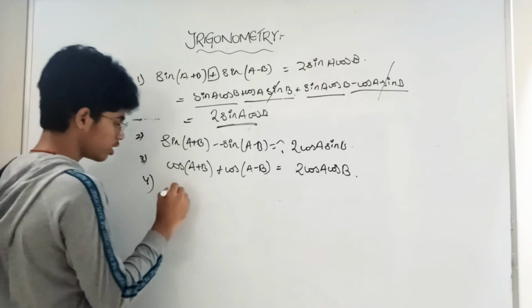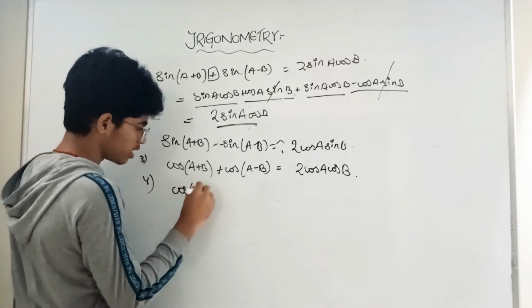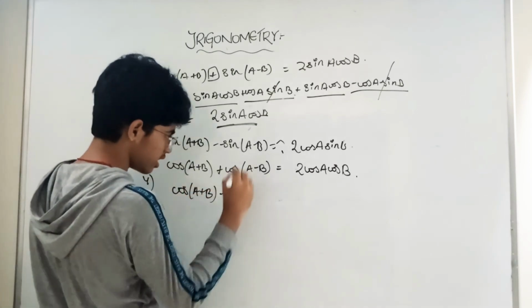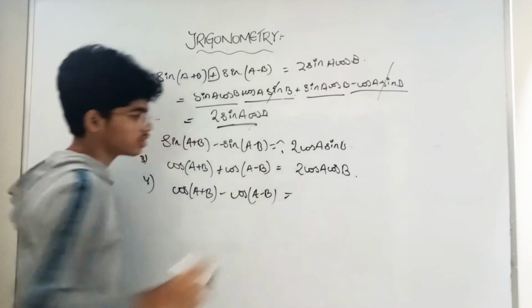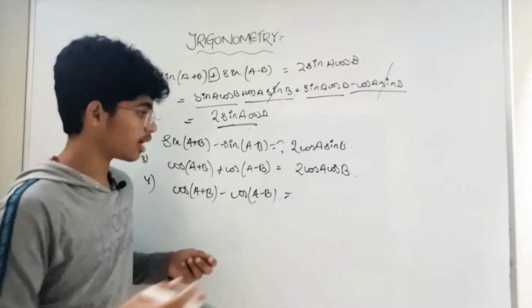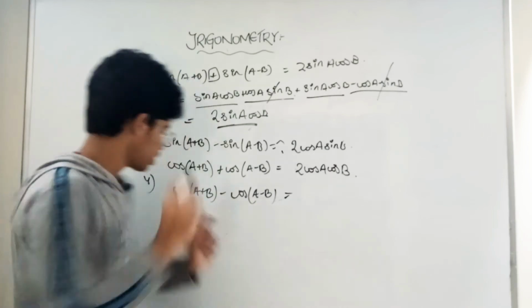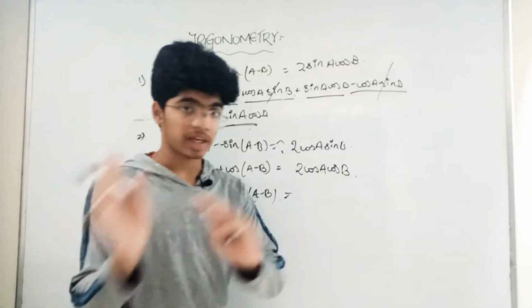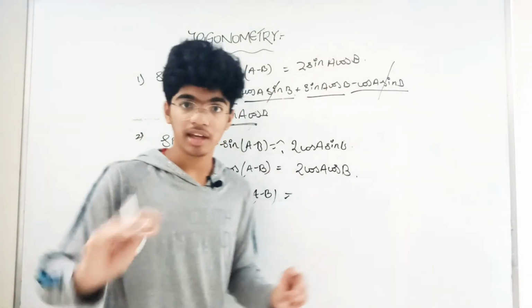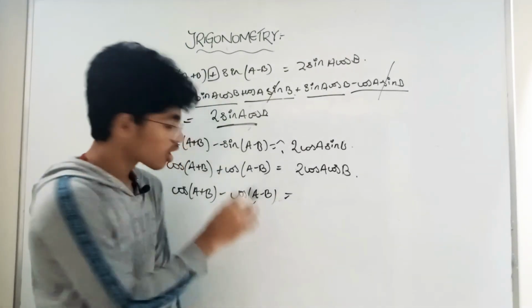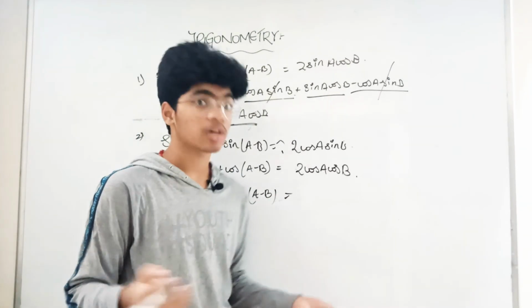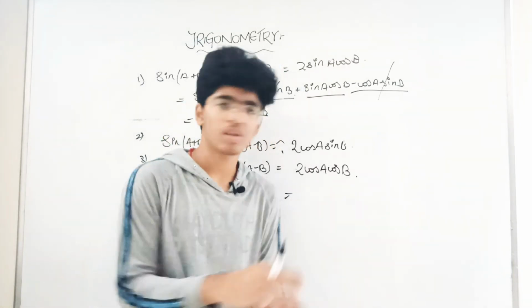So next one, cos of a plus b. Again to change the sign, it's cos of a minus b. Now, what's going to be the answer? Guesses? Yeah. We'll do this in our mind again. Cos of a plus b is cos a cos b minus sin a sin b. Keep it on one side. And now this one, cos of a minus b. What is cos of a minus b? Cos a cos b plus sin a sin b. No confusion.